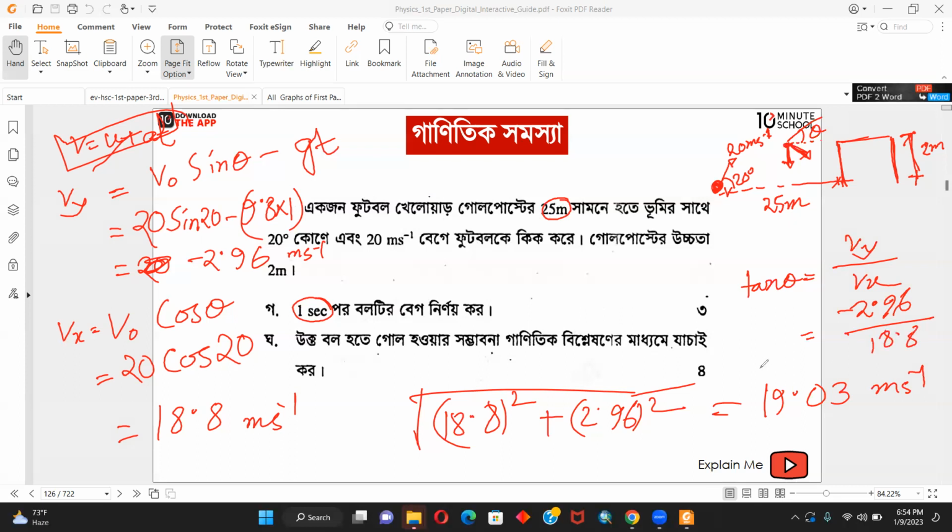Minus 2.96 divided by 18.8, so we will get tan inverse of minus 0.16.